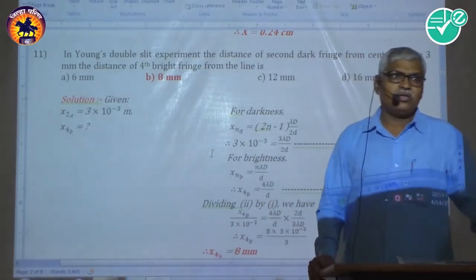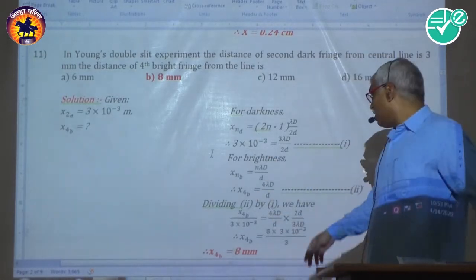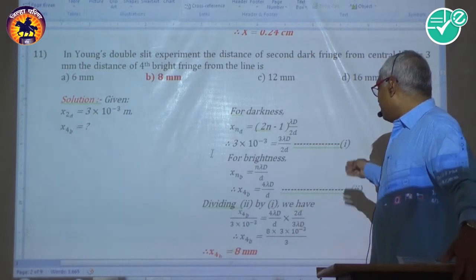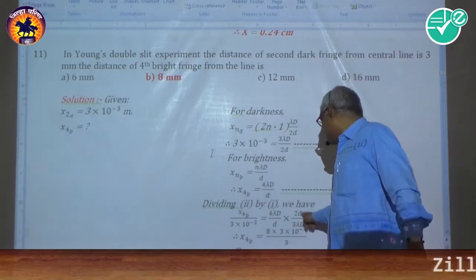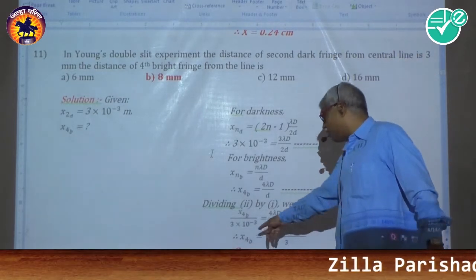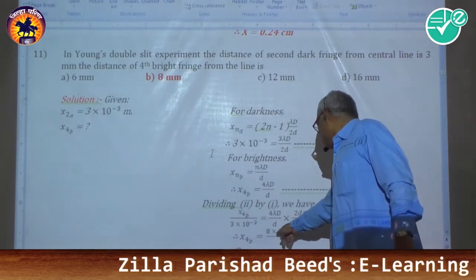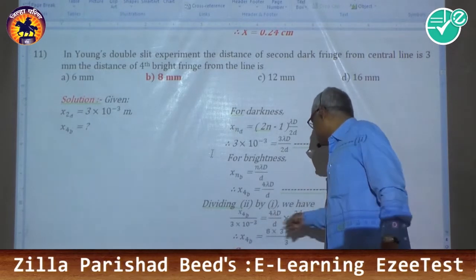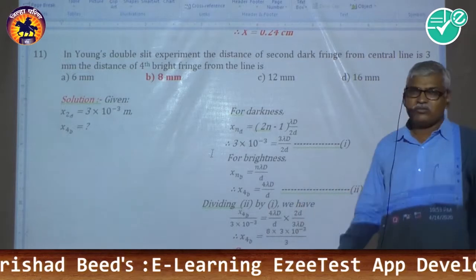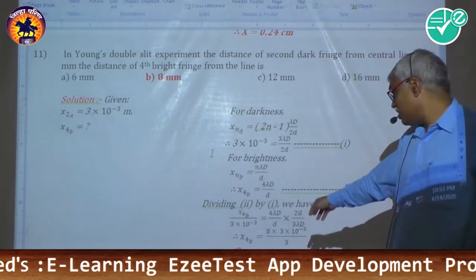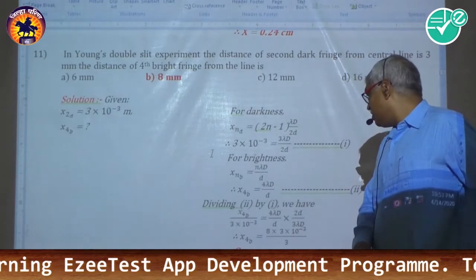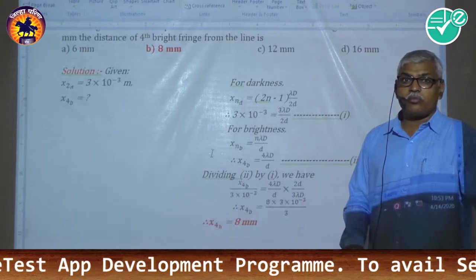These are simple calculations. Lambda D and lambda D are cancelled, small d and small d are cancelled, and we get x_4b is equal to 8 into 3 multiplied by 10 to the power minus 3 divided by 3. Now calculations are very simple. Therefore we get x_4b is equal to 8 millimeter.